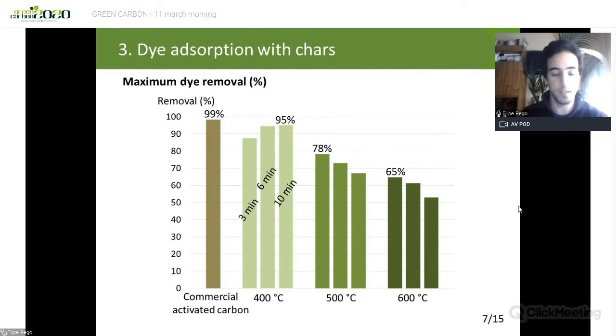It removed 99% of the dye, as expected. And then what I found with the increasing pyrolysis temperature was that the adsorption capacity decreased. So the highest was with the 400-degree chars. And there were some contrasting trends with the solid residence times tested.